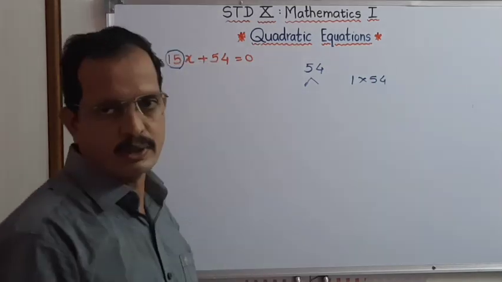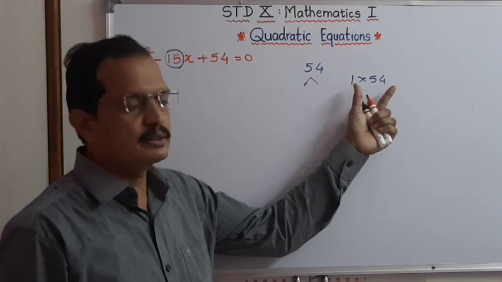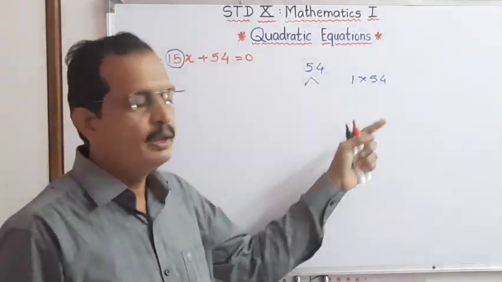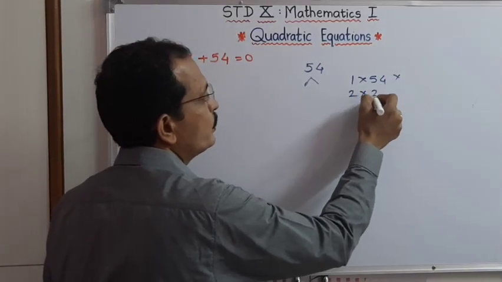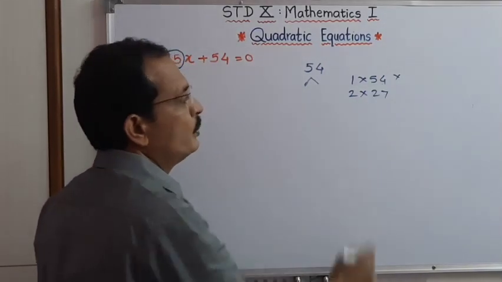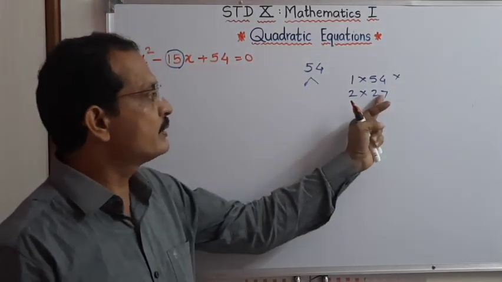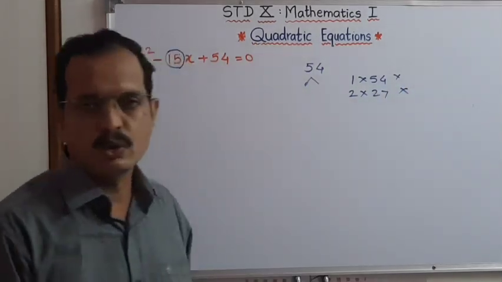Now these are the two factors, and if we make the addition of these, it will not be 15, it will be 55. Therefore we do not take this. It is 2 into 27. Now make the addition of 27 and 2, it is 29. Therefore this is also not suitable.